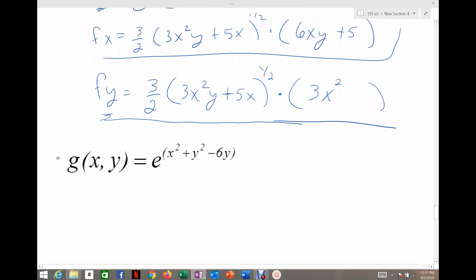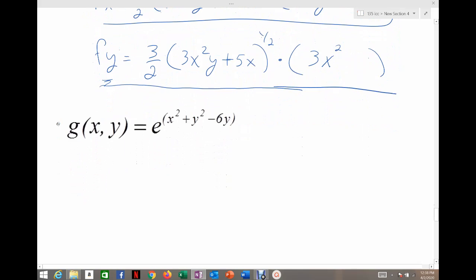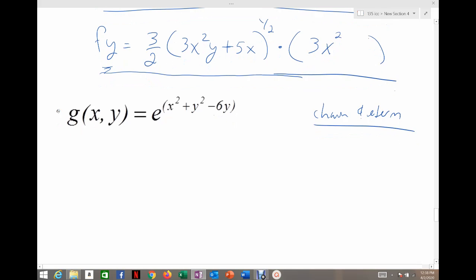Same thing's going to happen in my next example. This is going to be my chain and my e term. e raised to that x squared plus y squared minus 6x. The derivative with respect to x. Remember the e term, the derivative of the e is itself times the derivative of the inside, the power part.